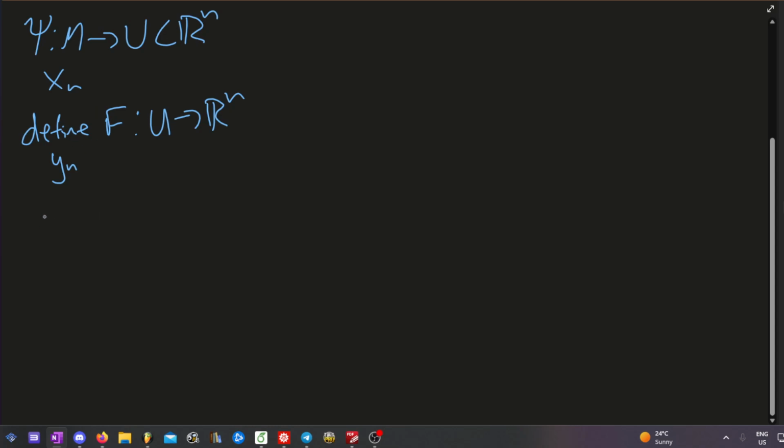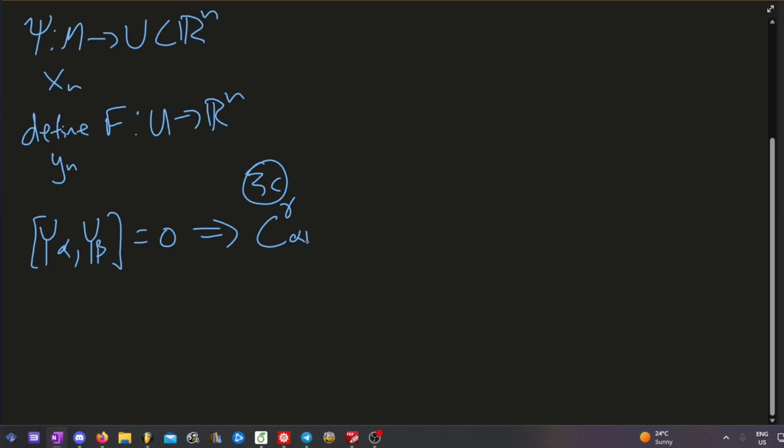So what we actually get from the problem is that these Y alpha and Y beta have a commutator that is 0. Now if we use the result of problem 3c, this means that the constants c gamma alpha beta also have to be 0. And what this implies then, if we use the result of 4b, so I would suggest doing these other problems first, it implies that we get this relationship.